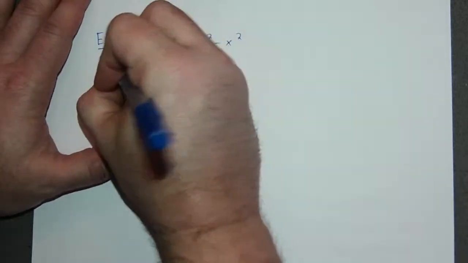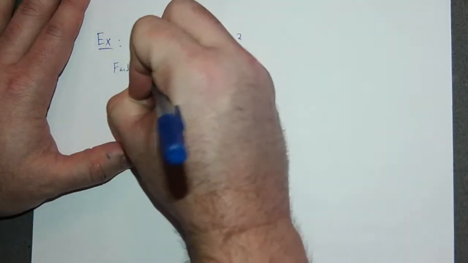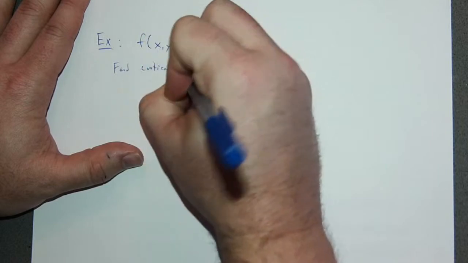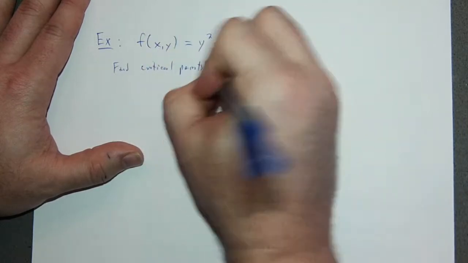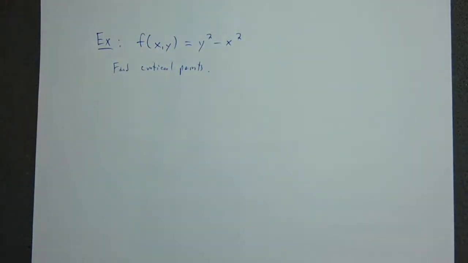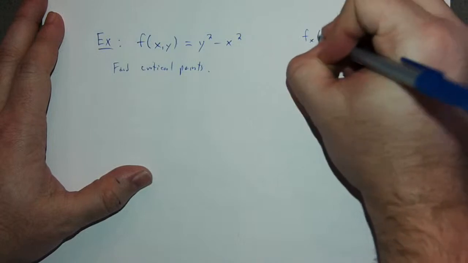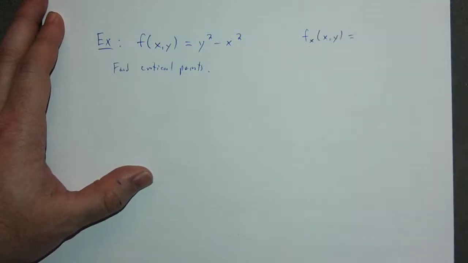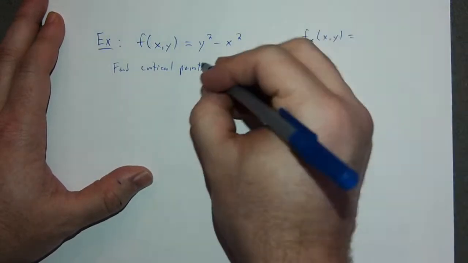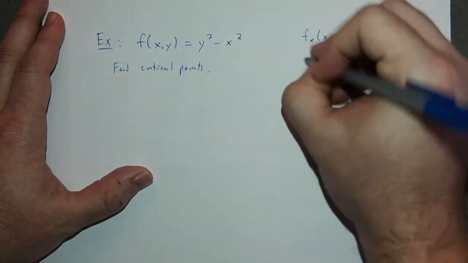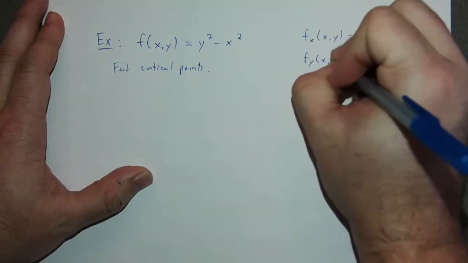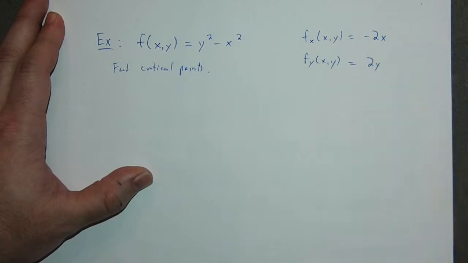Okay. Let's find critical points. So there's only going to be one, as we'll see. So quickly, the x partial of f at (x, y) is minus 2x, and the y partial is 2y.